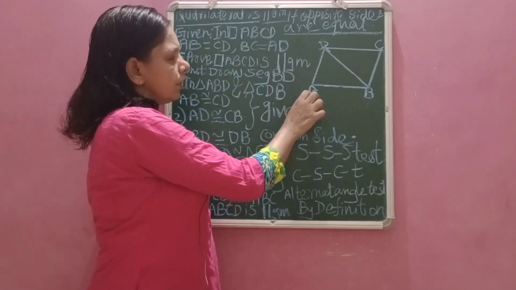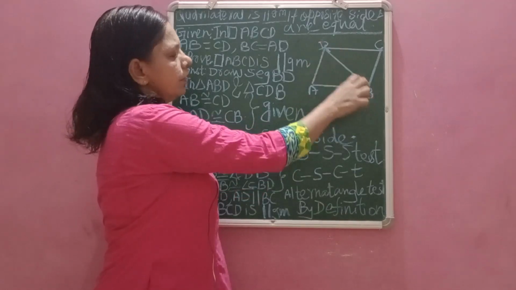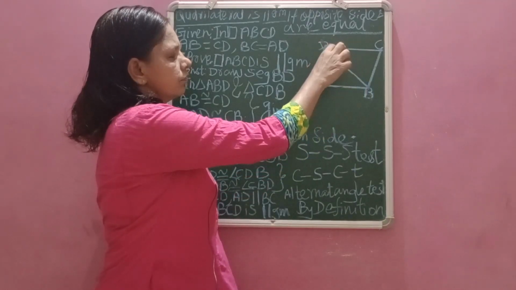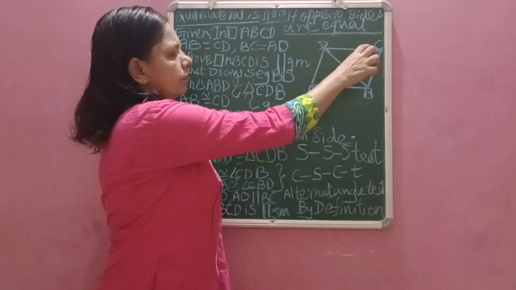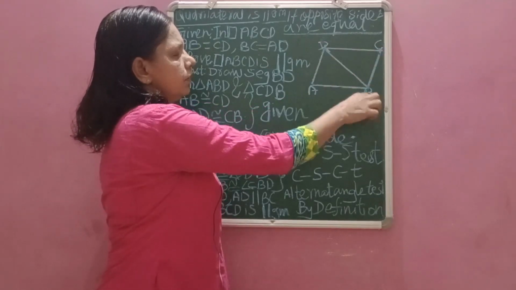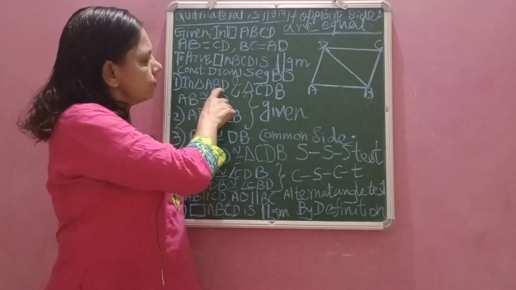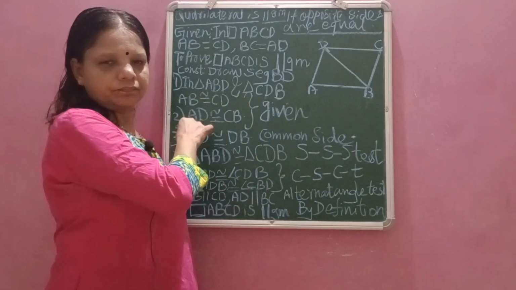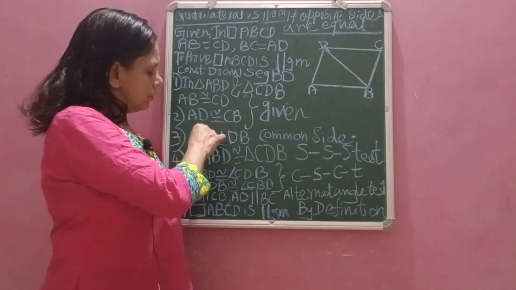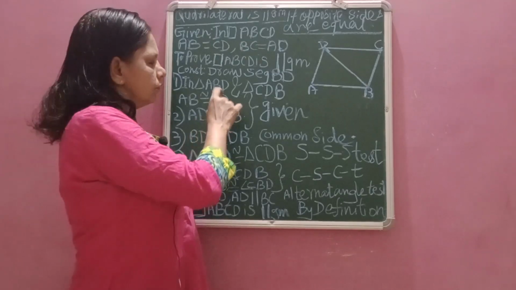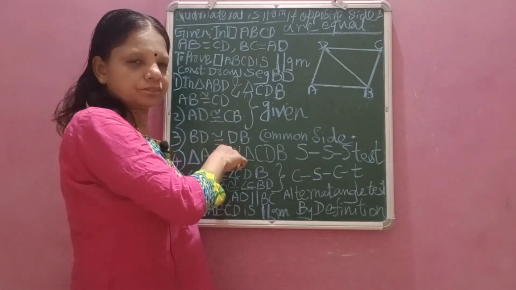With respect to triangle ADB it is BD. If it is CDB, it is DB. BD congruent to DB. Clear? So what we got?